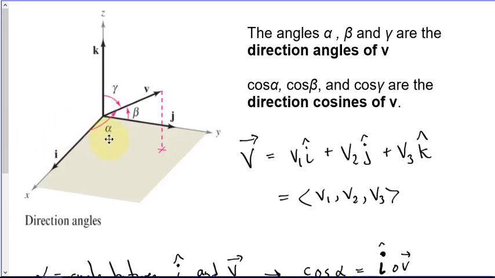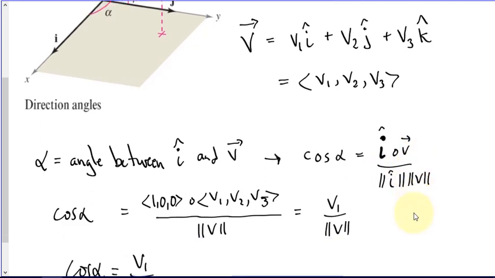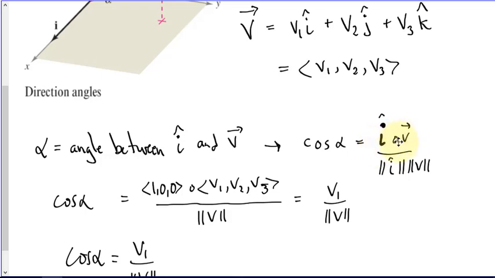I'm going to use alpha exclusively for that angle between i and v. And so between the unit vector i and the arbitrary vector v, the cosine of that direction angle must equal i dot v over magnitude i magnitude v, as I've written here. Well, the dot product of i with v would be the dot product of the vector 1, 0, 0, that's the vector i, with the vector v written out in its component form, v1, v2, v3.